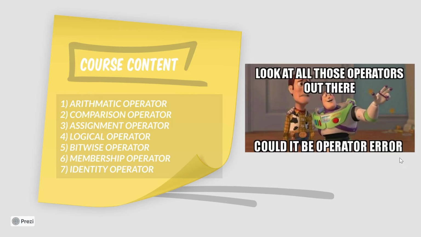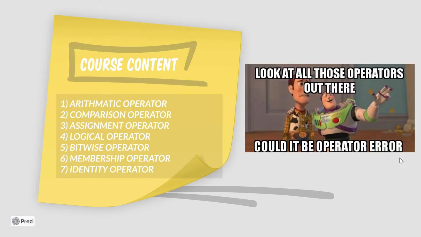The course content that we have for this particular video is the operators. We have many different kinds of operators, ranging from arithmetic operator, comparison operator, assignment operator, logical operator, bitwise operator, membership operator, identity operator.